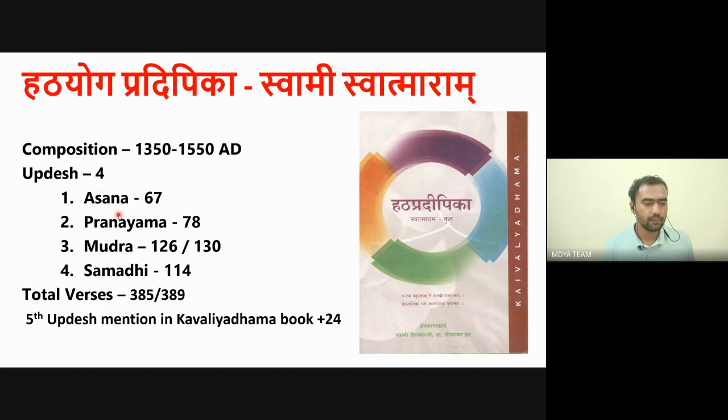In the first upadesh he mentioned the asanas, and in the second upadesh the pranayama. The first upadesh has 67 verses. The second upadesh describes Satkarma, Nadi Shuddhi and Pranayama, with a total of 78 verses.